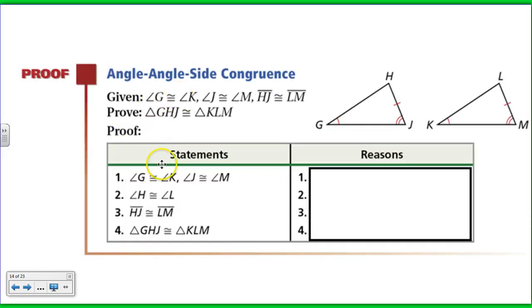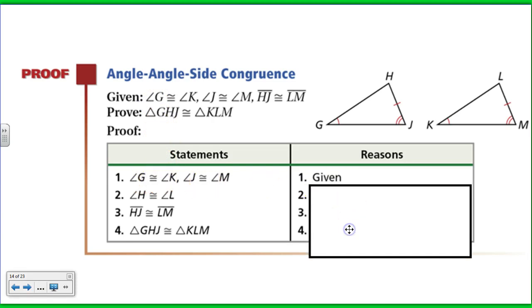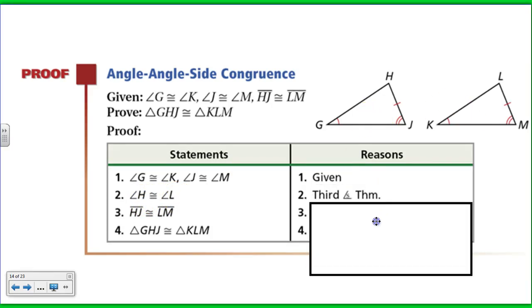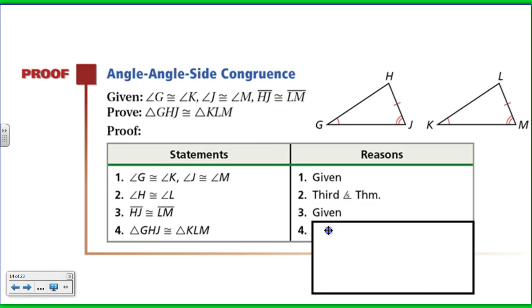We're given that angle G is congruent to K and angle J is congruent to M. That's just given. We also know that angle H is congruent to angle L. That wasn't given. How do we know that? Remember? Very good. The third angles theorem. HJ is congruent to LM, and that also was given.